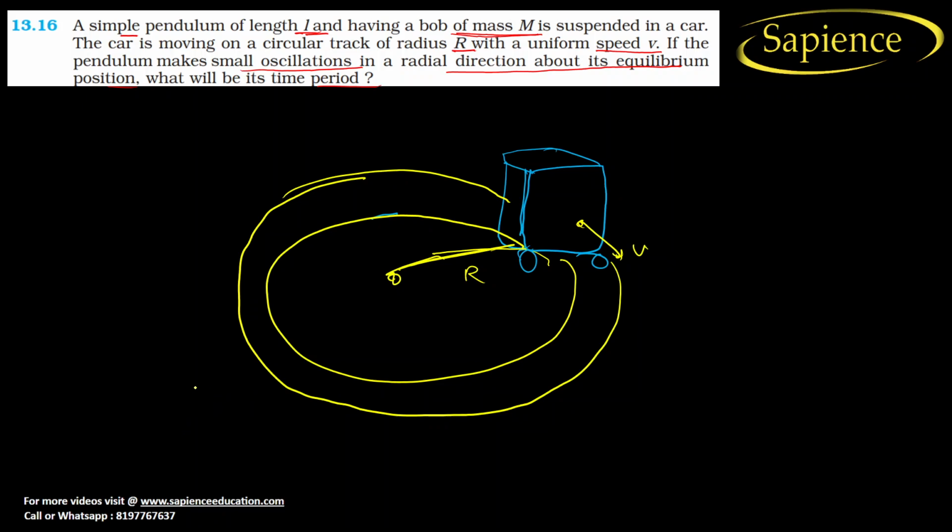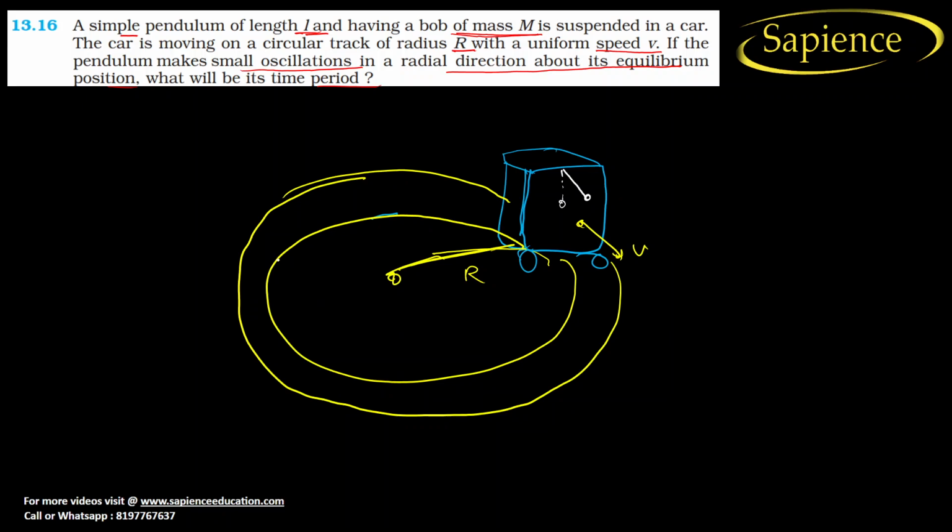There is a simple pendulum of length L here. But when it is moving, what will happen? The pendulum will tend to move in the outward direction. So this is the case.